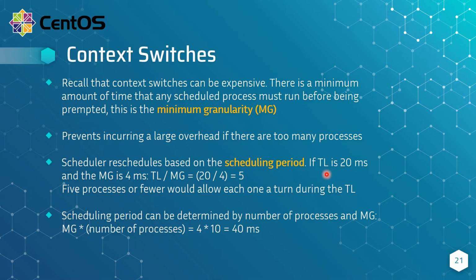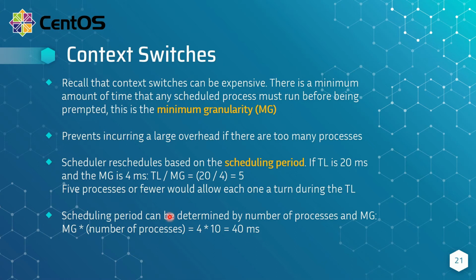And this is determined as follows: if the target latency is 20 milliseconds and the minimum granularity is 4 milliseconds, then 20 divided by 4 means we would have 5 processes. So 5 processes or fewer would allow each process a turn during the target latency.